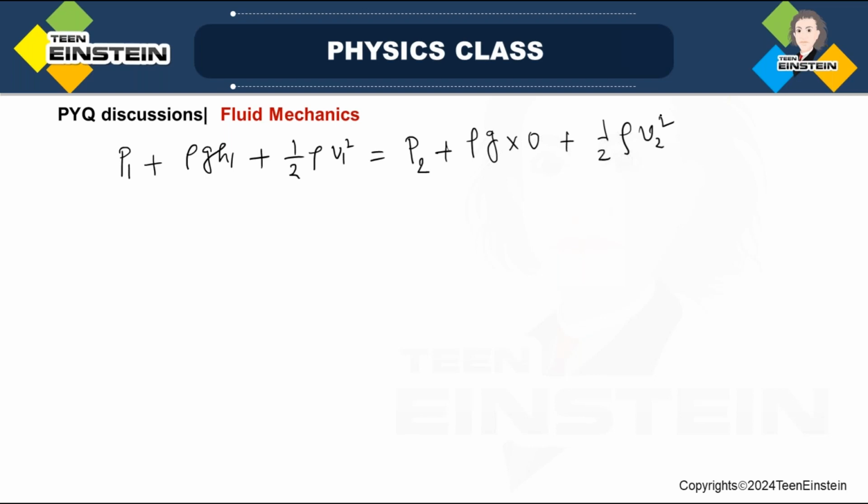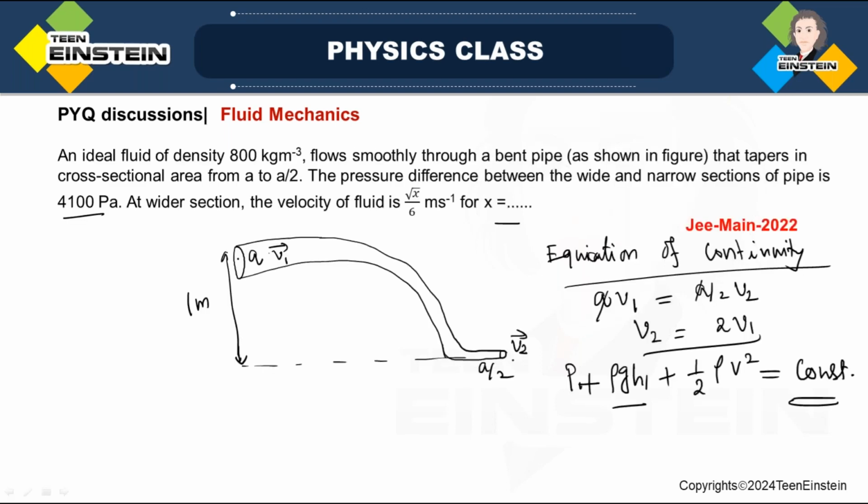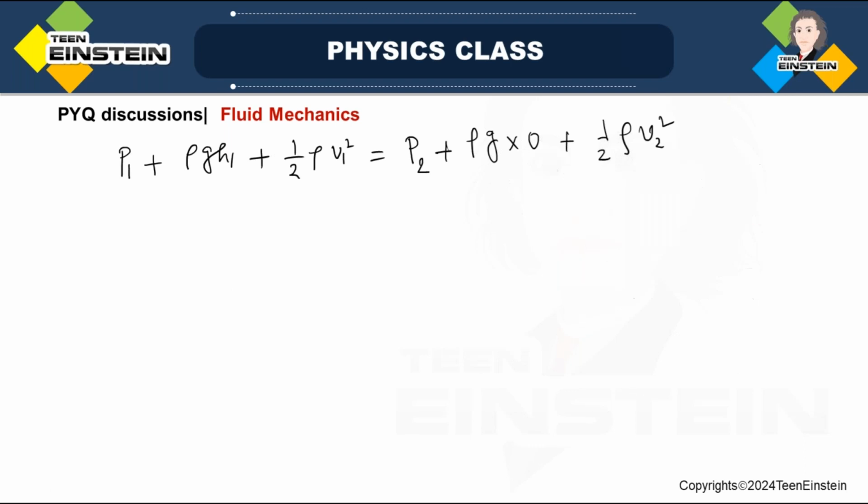Now what I have to find out? I have to find out the velocity v1. So that is what is asked in the question. What is the velocity of the fluid at the wider section? So let me see this. P1 minus P2, this is actually given. Okay, that I can write.